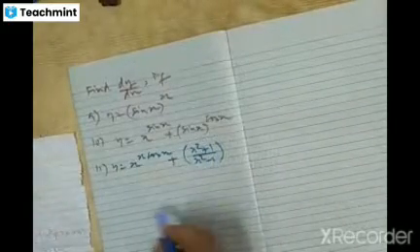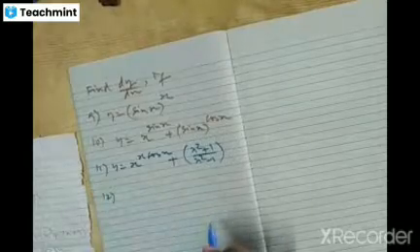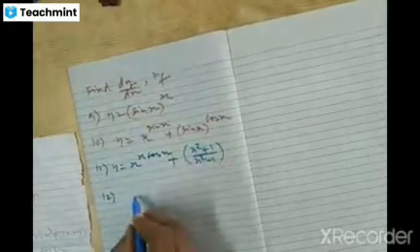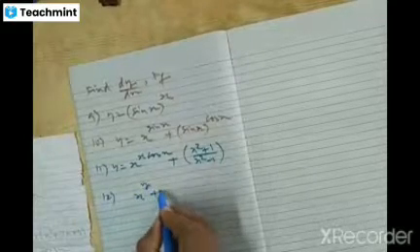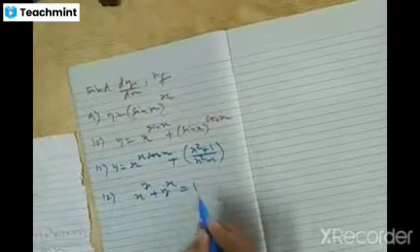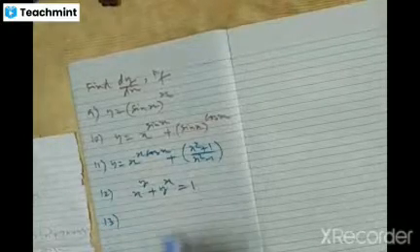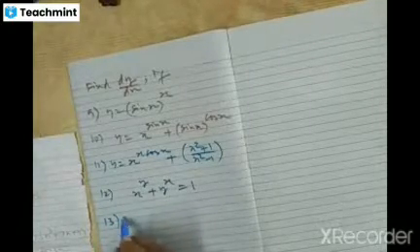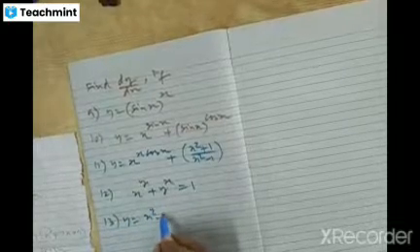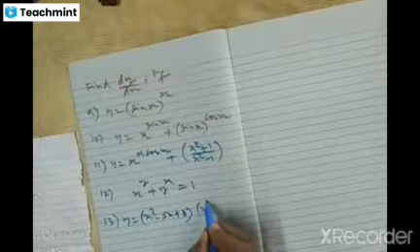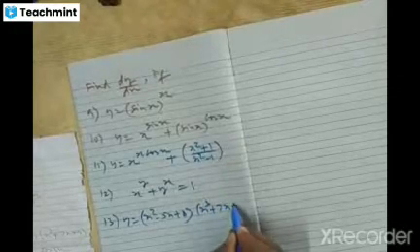Next, 12th one, find dy by dx if x power y plus y power x is equal to 1. Okay, last one, 13th one, y is equal to x square minus 5x plus 8 into x cube plus 7x plus 9.